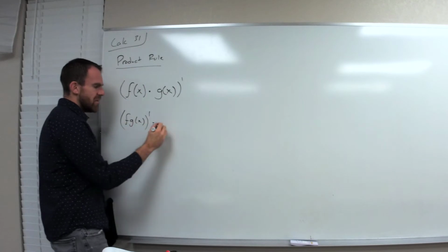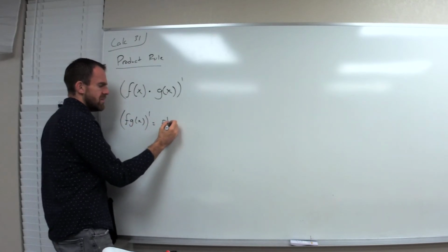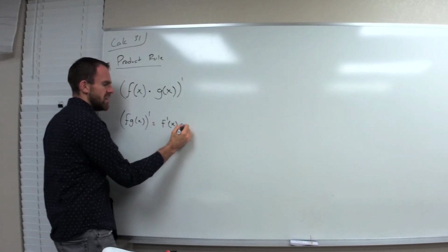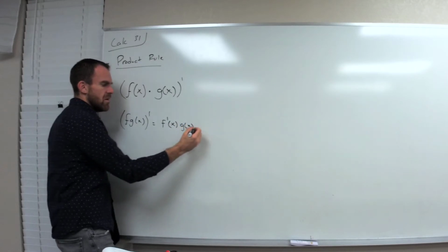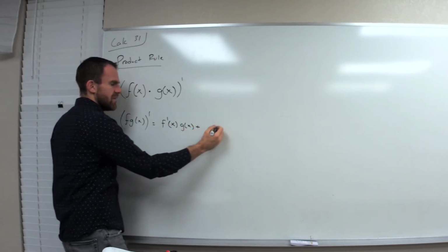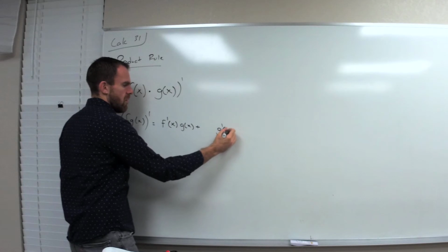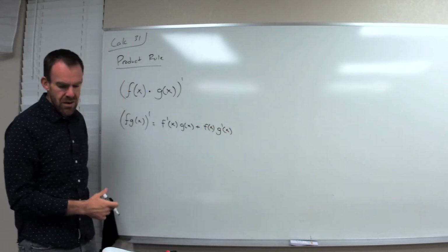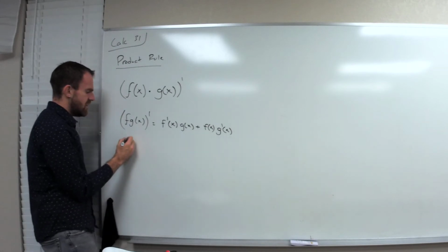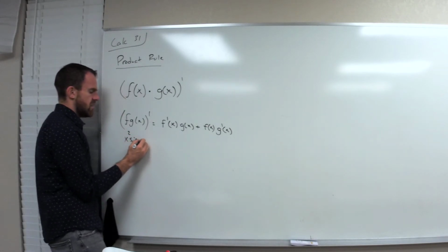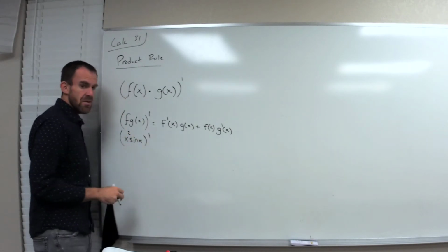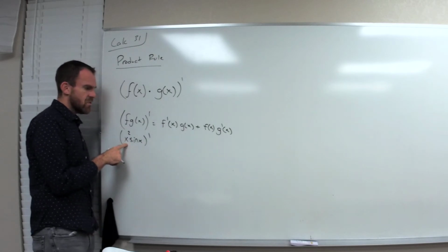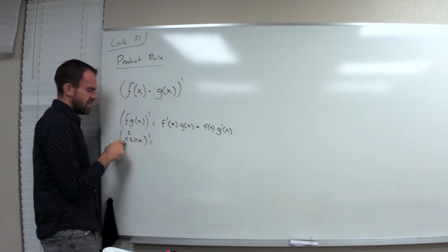So you take the derivative of the first times the unchanged second function plus the derivative of the second function times the unchanged first. So suppose we have x squared sine of x, and we want to find the derivative. Our first function is x squared, or f in this case.